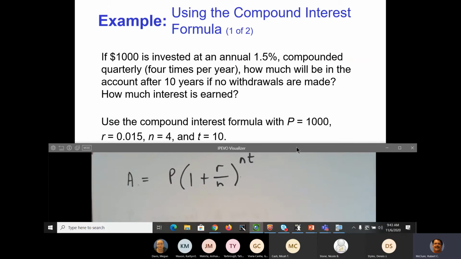And I'm going to say A is equal to 1,000 times 1 plus 0.015 over 4, raised to the 4 times 10 power.